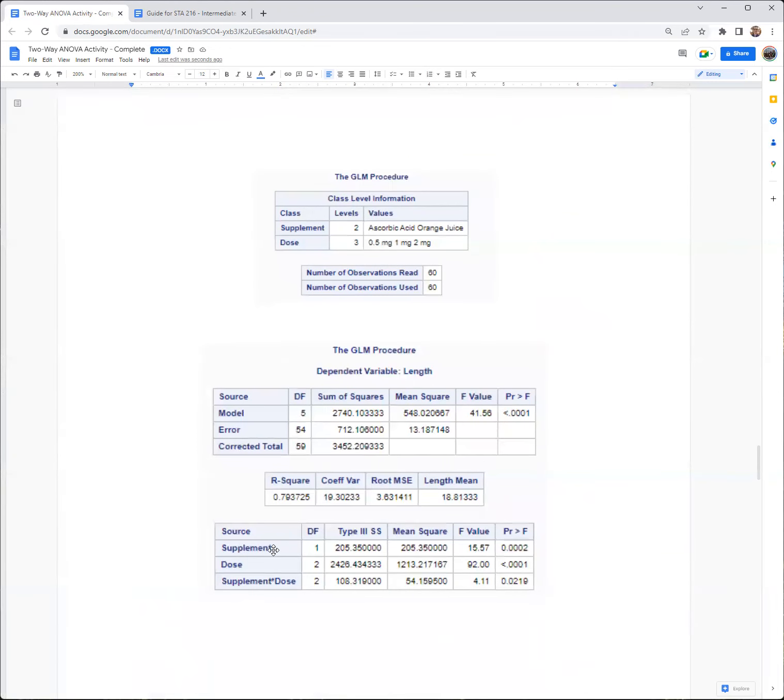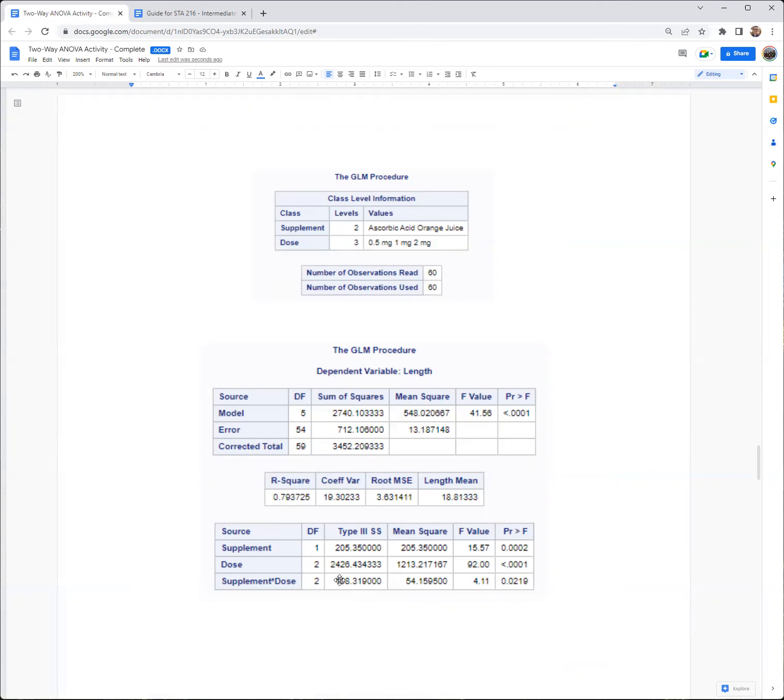It won't make sense anymore if we dropped, for example, supplement, but kept the interaction of dosage and supplement in. There's a number of reasons, both theoretically and practically, why that does not make sense and it's bad to do. So anytime you have an interaction, you keep all of the subcomponents.